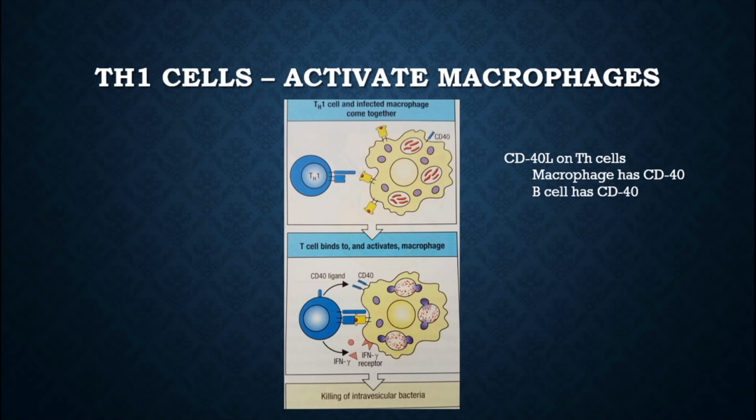All right. I mentioned the Th1 cells are macrophage interacting cells. The reason I wanted to point this out is because CD40 is going to be the ligand that activates macrophages and also activates B cells. So keep CD40 in your head for macrophages and B cells, and keep B7 in your head for T cell activation.